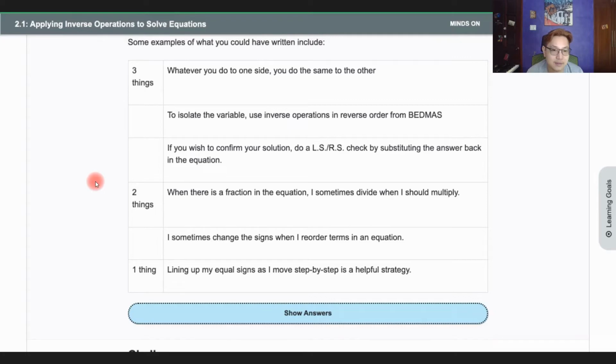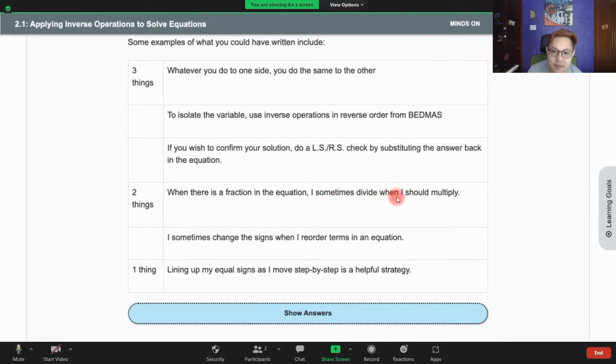Okay, and the two things that provide difficulty when solving equations. They say when there's a fraction in the equation, I sometimes divide when I should multiply. Of course, fractions are difficult and sometimes confusing.